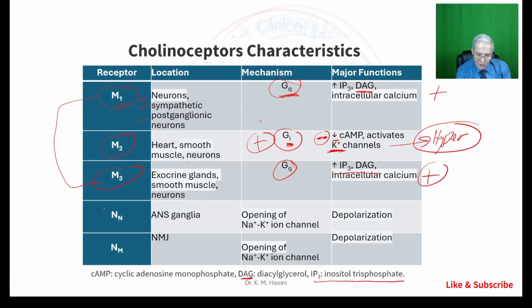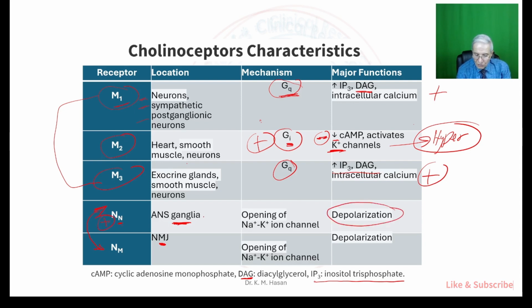Moving to the nicotinic receptor, as we mentioned, we have two types. We have the nicotinic receptor available in the ganglia and the nicotinic receptor available in the neuromuscular junction. For the nicotinic receptor in ganglia, the abbreviation is NN, nicotinic N. If you activate this receptor, the result will be depolarization.